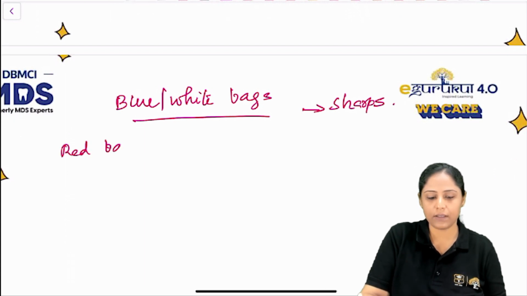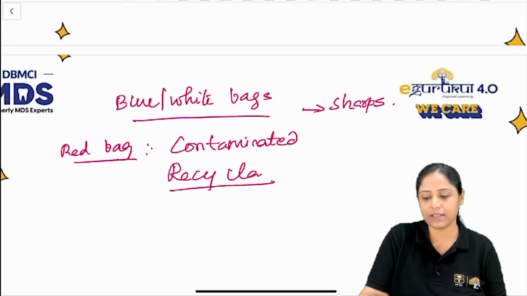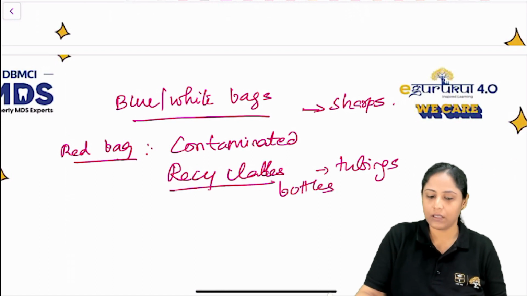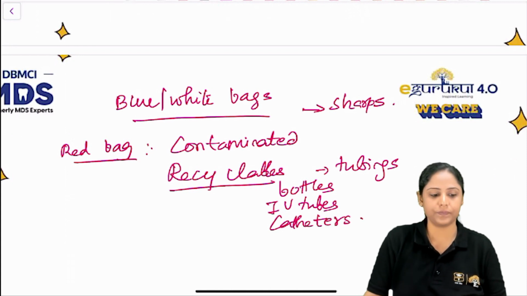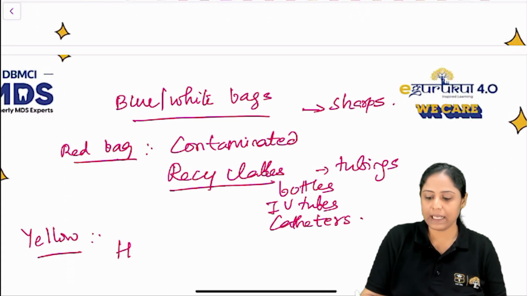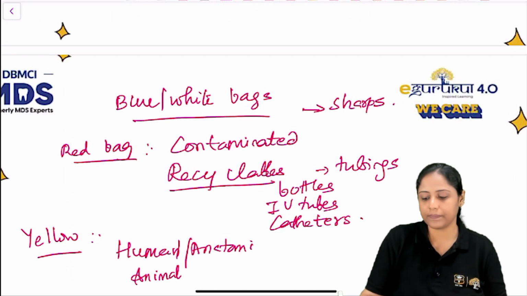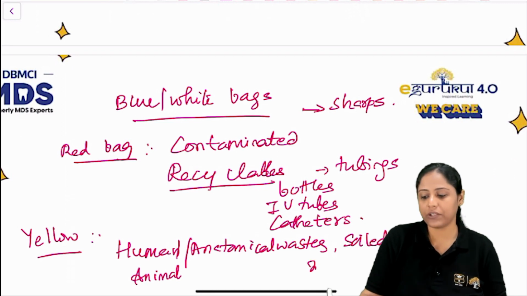Red bag is for disposing contaminated, and another important word is recyclable waste like tubings, bottles, IV tubes, catheters, etc. Yellow bag is used for human anatomical waste or animal anatomical waste, soil waste, infectious waste, etc.